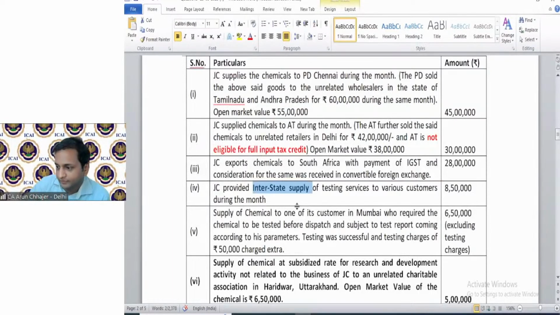Next is supply of the chemical to one of its customer in Mumbai, who required the chemical to be tested before dispatch and subject to the test report coming according to his parameter. Testing was successful and the charges is 50,000 charged extra. 6,50,000 is excluding testing charges. Now, here the section 15, subsection 2, clause C will come into the picture.